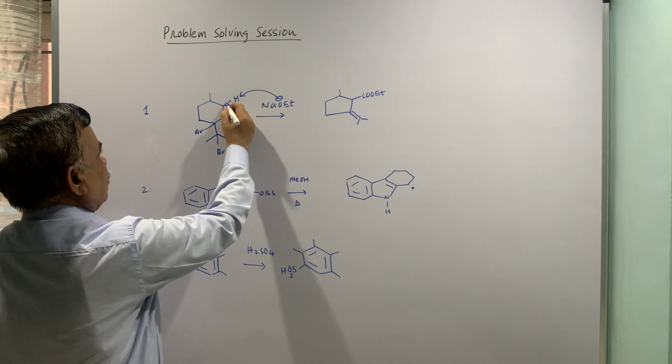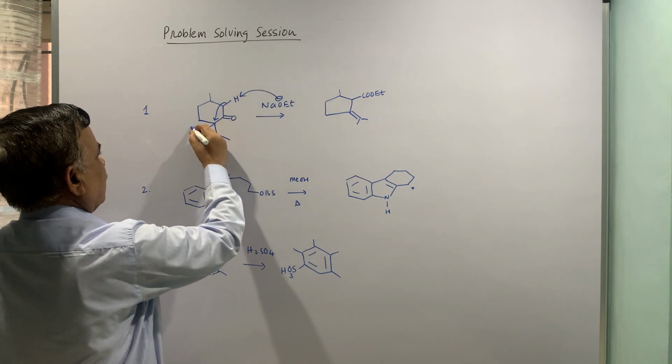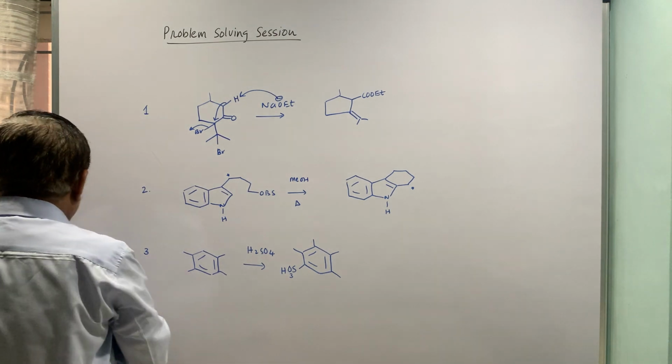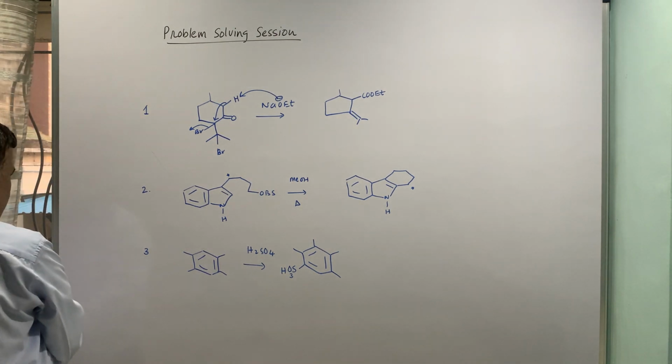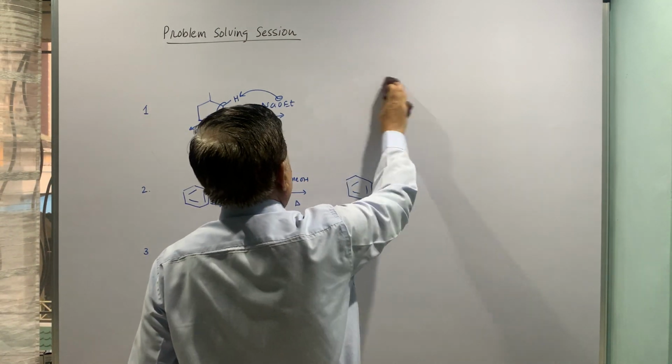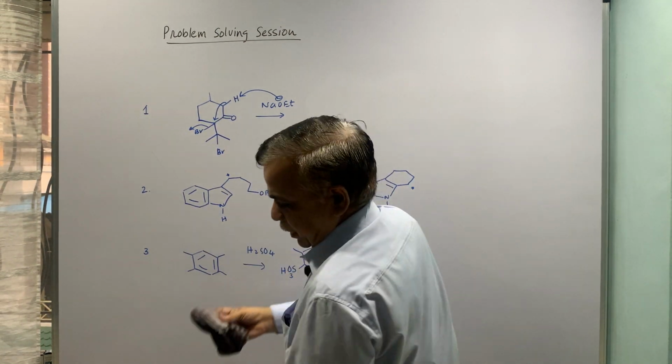the abstraction of proton, then loss of Br minus or loss of HBr rather can give you an intermediate.